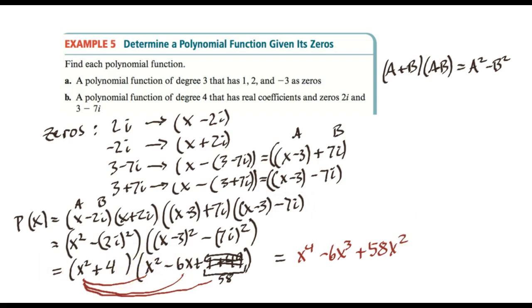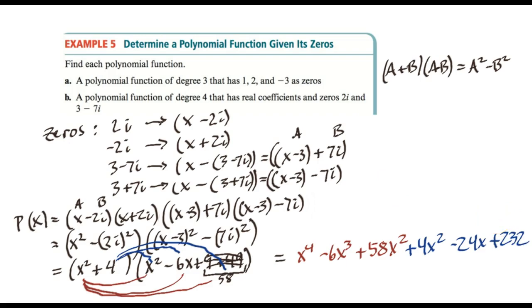And then 4 times x squared is plus 4x squared. 4 times negative 6x is negative 24x. And 4 times 58 is 232.